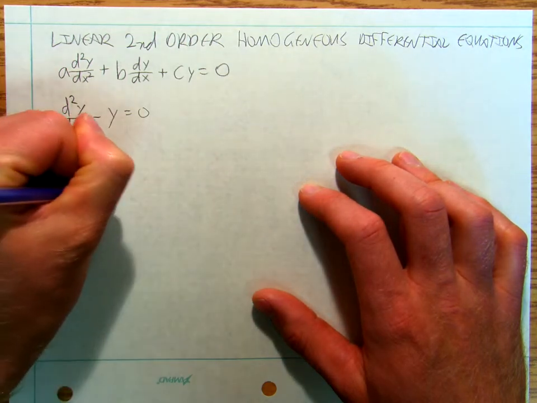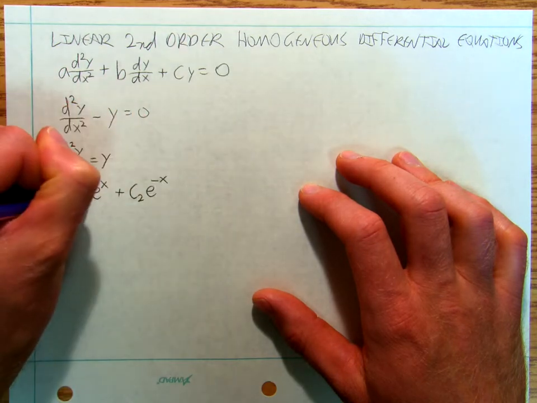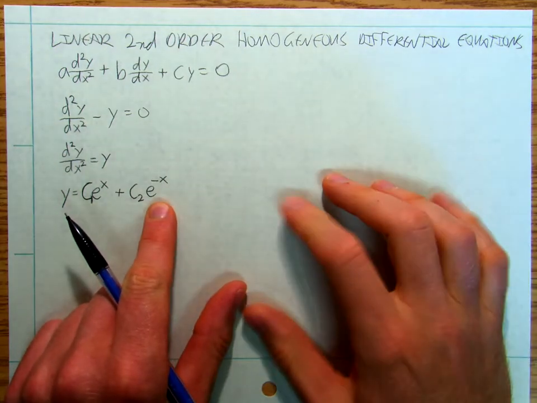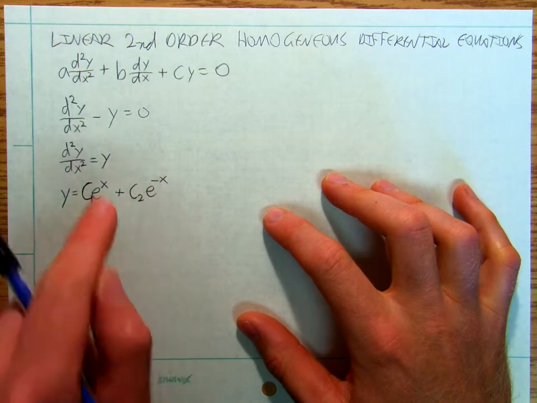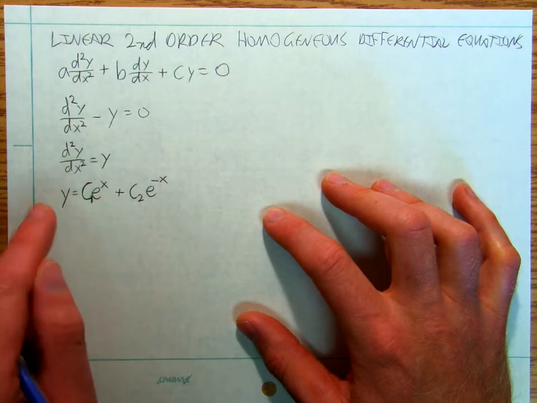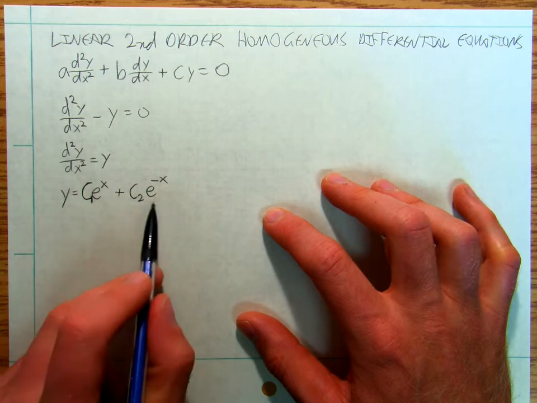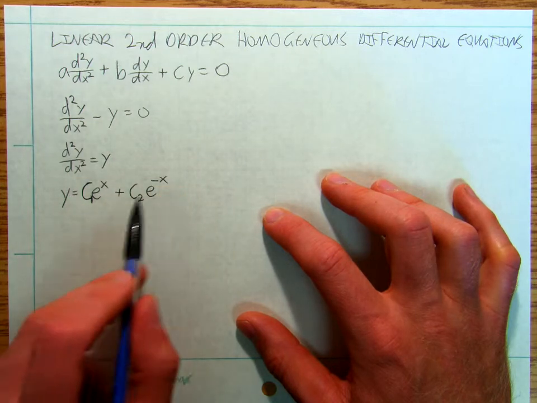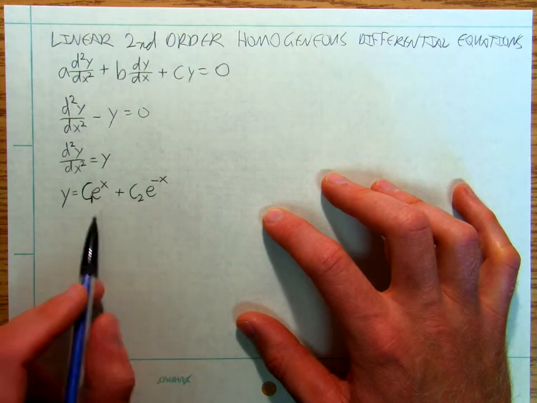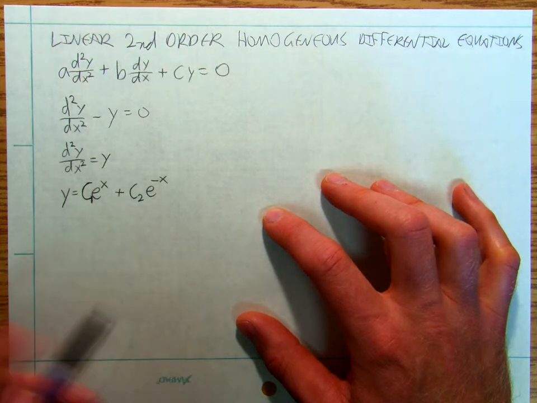Okay, the other function is e to the negative x, which is also going to solve that, because the derivative of that is going to be negative e to the negative x, and then the second derivative is going to be negative times negative, which is positive e to the negative x. And so that's going to also solve, and then you've got another c2 there as well. So you got c1 e to the x plus c2 e to the negative x is the solution to that.